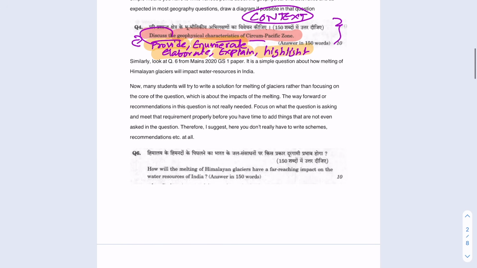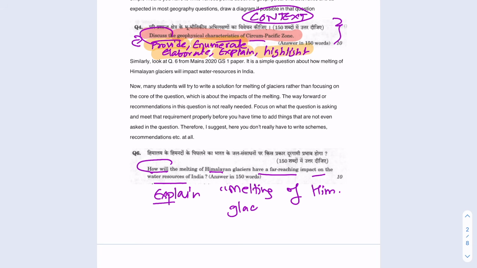How will melting of Himalayan glaciers have a far reaching impact on the water resources of India? Now let's say instead of how will the melting, the question was explain, or they had given a statement: melting of Himalayan glaciers will have far reaching impact on water resources of India.